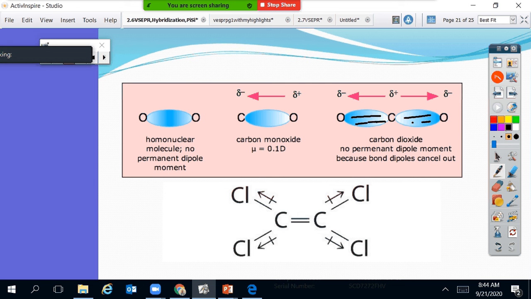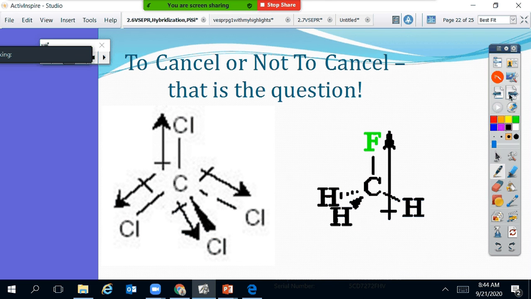So this dipole cancels out with this dipole. Okay, so to cancel or not to cancel, that is the question. Carbon tetrachloride, definitely tetrahedral, cancels each other out, all 4 dipoles. Something with fluorine on top here obviously is going to have a net dipole towards that fluorine, so it will not cancel out.